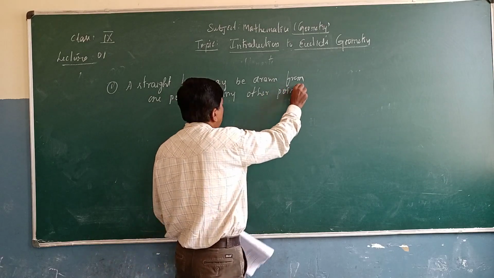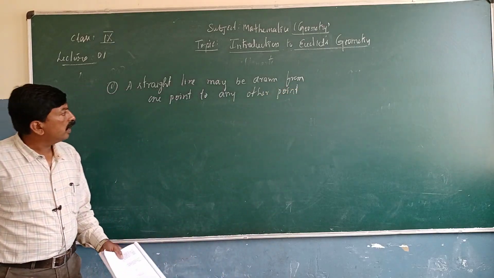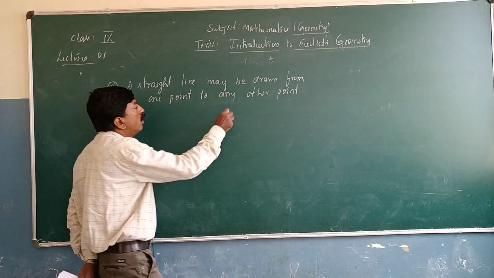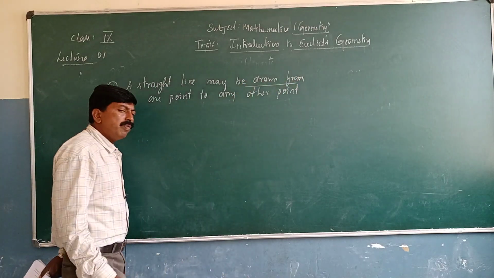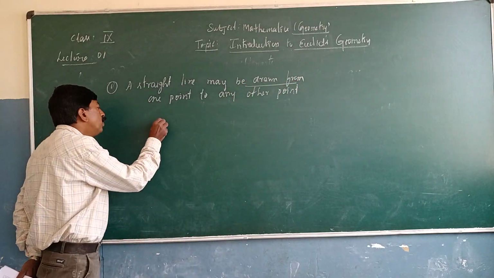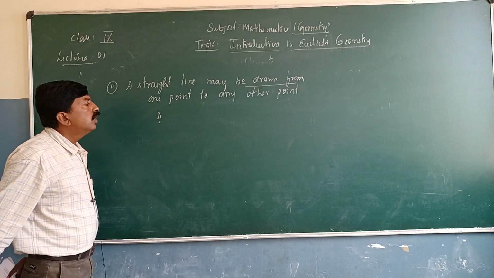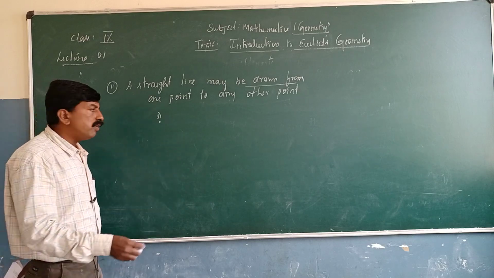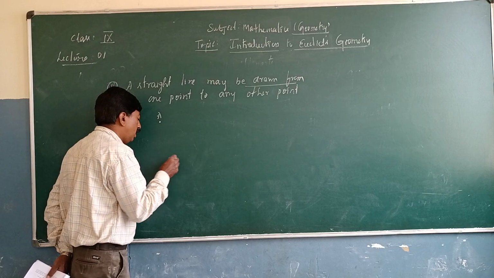To draw a straight line, we need one point and another point.